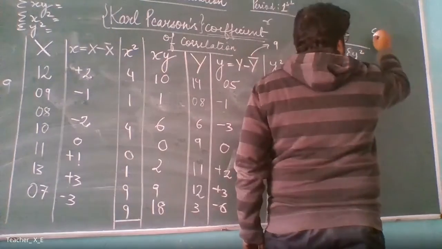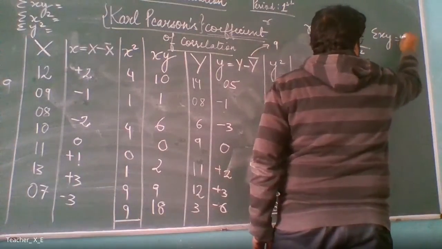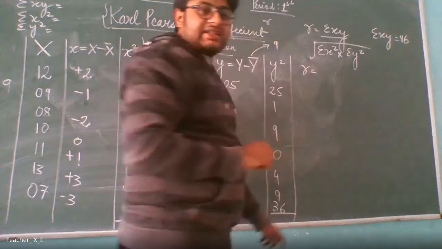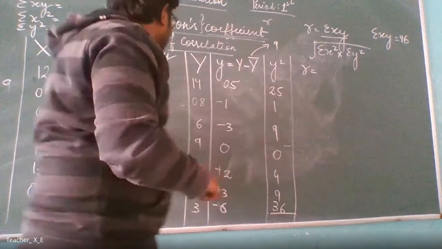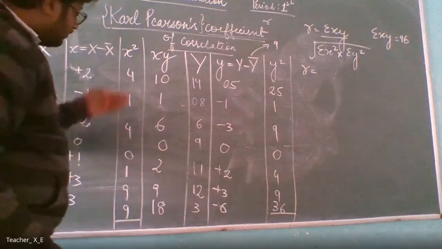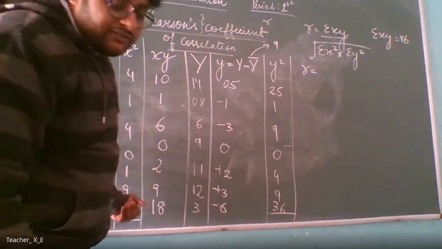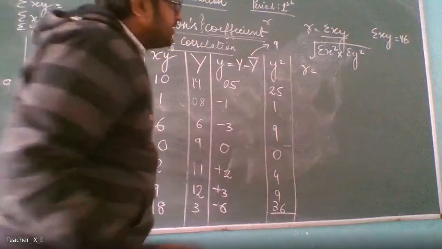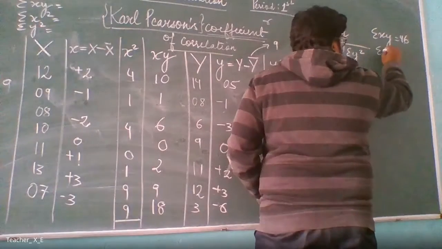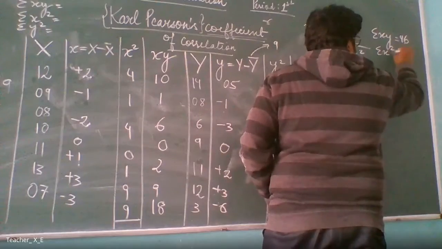So summation of xy is 46. Then take the summation of x square, we will add this row: 4 plus 1 plus 4 plus 0 plus 1 plus 9 plus 9. Then I will get 28. So summation of x square is 28.